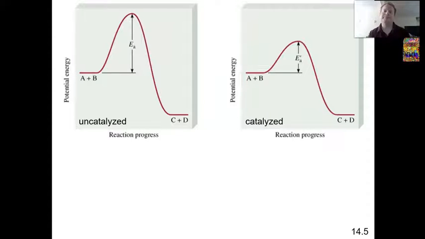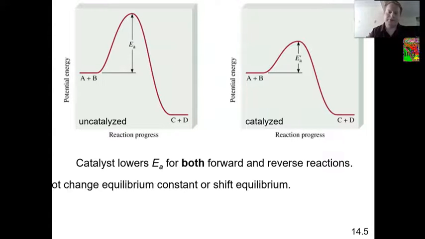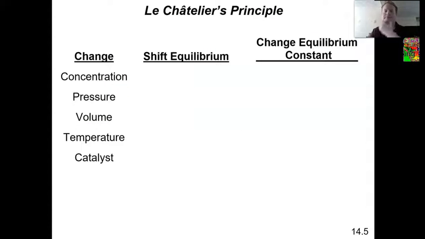But yeah, it's making that hump lower. Either if we're going from AB to CD or from CD to AB, it's lowering both. So it lowers the activation energy EA for both forward and reverse reactions, and doesn't change the equilibrium constant or shift equilibrium.